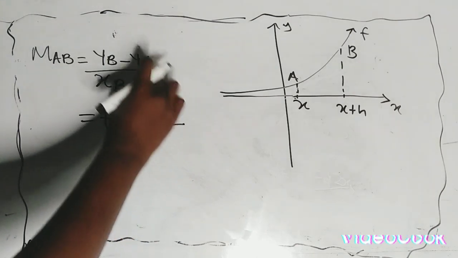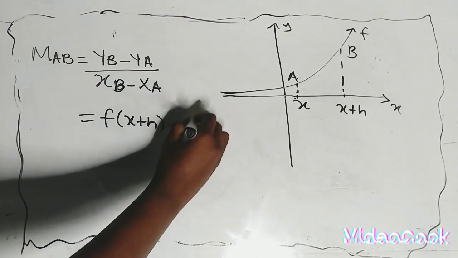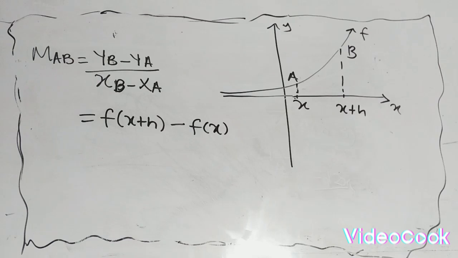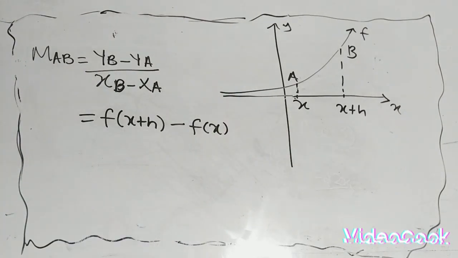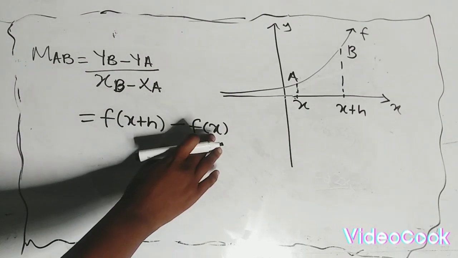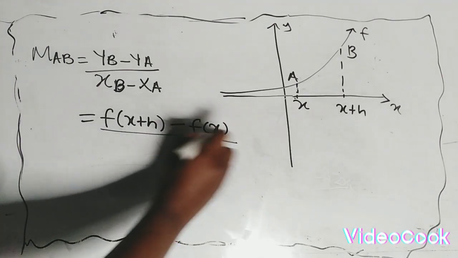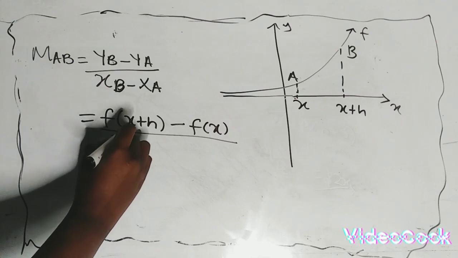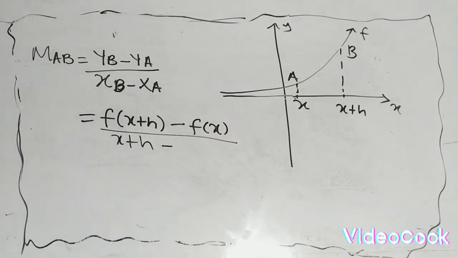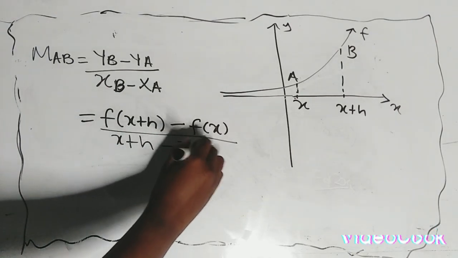And for YA, we are just going to say it's f of x, replacing the x value so that we can get the y value. So this is YB and that's YA, all over XB, which is x plus h, minus XA, which is just x.